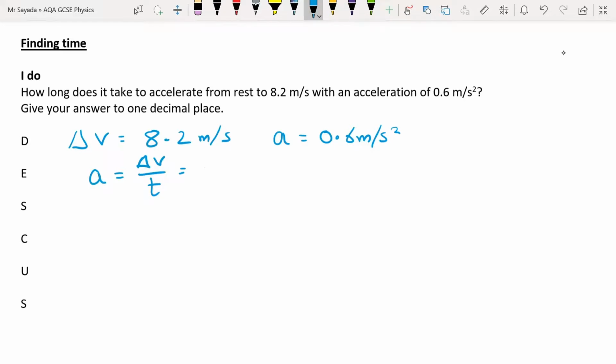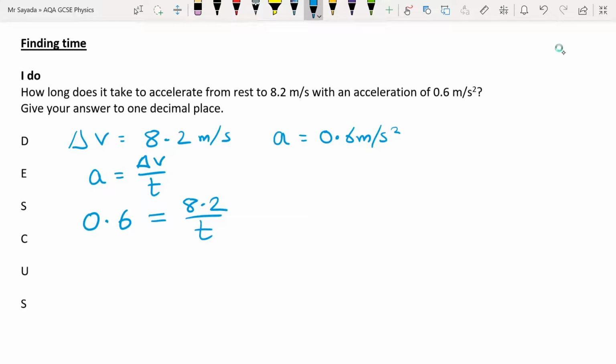So what I'm going to do is delete what I've done and go back to substitution, but carefully this time. So I've got the equation, acceleration is change in velocity over time. I'm now going to substitute carefully, not in a rush like I was doing before. So A is acceleration. I've got in my data that acceleration is 0.6 equals. My change in velocity is 8.2 and my time I don't know. Now, before I can do the calculation, I need to rearrange this.